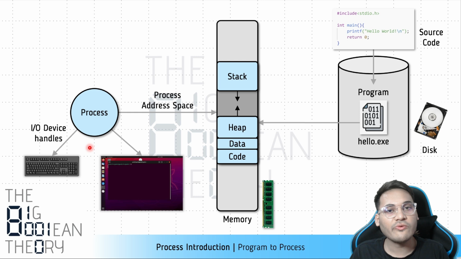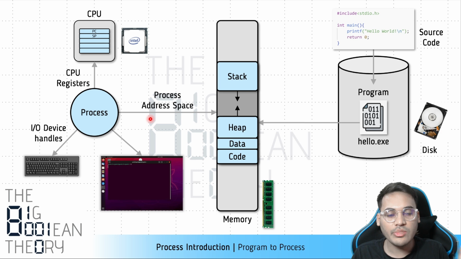But at the time of creation, this is the basic setup that the operating system does for the process. That is, it sets up some basic IO devices that would be essential for all the processes. So this was the setup related to the IO devices. After the memory setup has been done and the IO devices have also been set up, the process is almost ready to run.